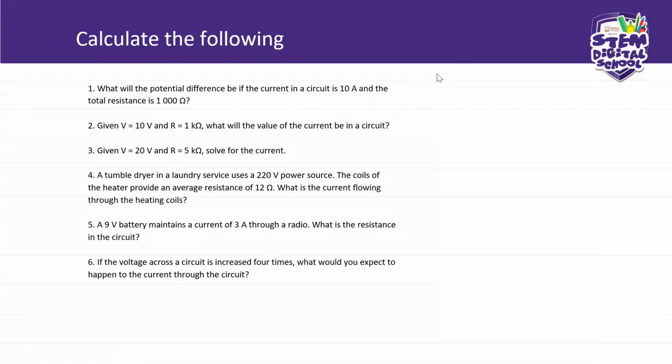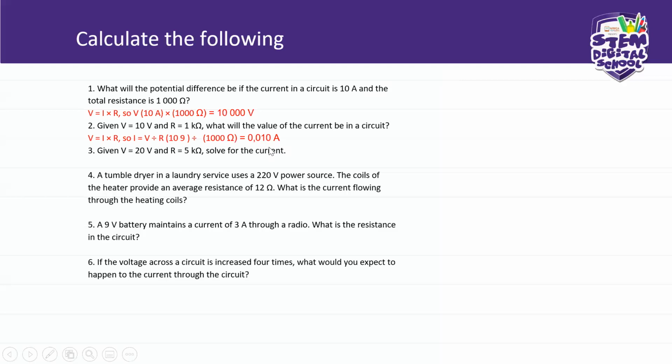Ten. Tando said 10. Let's see. It's 0.010 amps. Why?